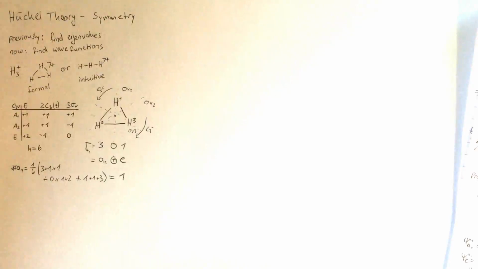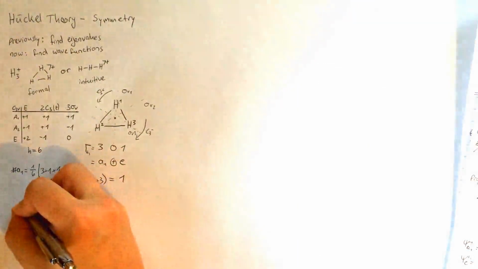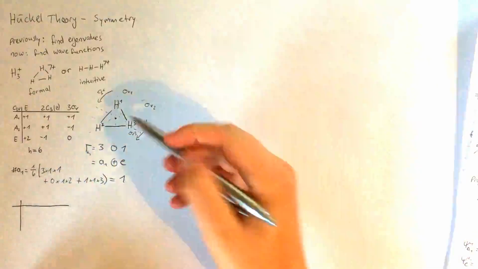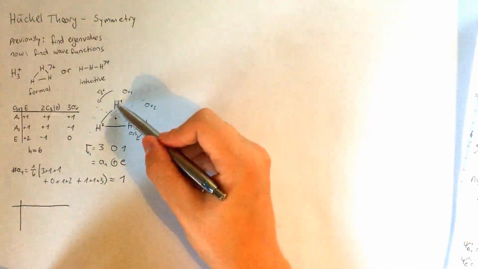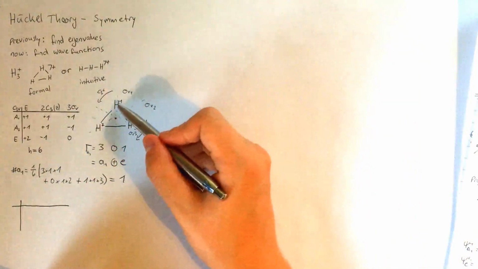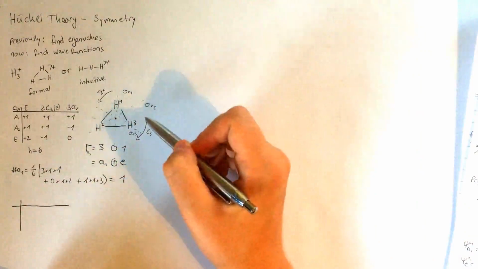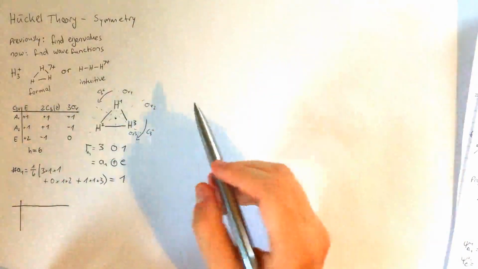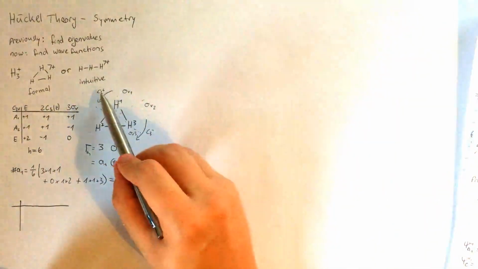Formally, we would have to apply the projection formula. In order to do so, we need to see where each individual orbital or H atom moves when we apply each of the operations. That means we need to split C3 plus and C3 minus.